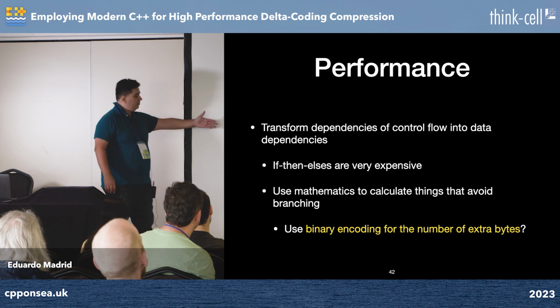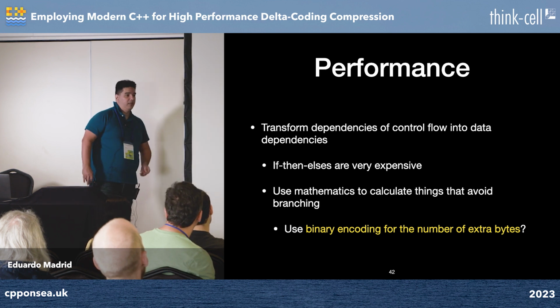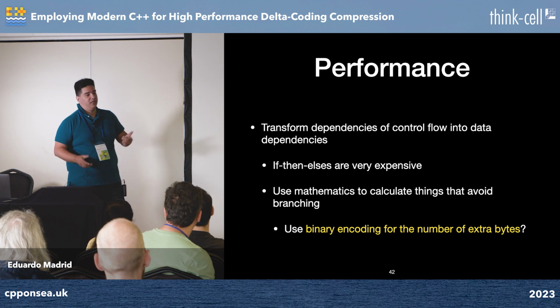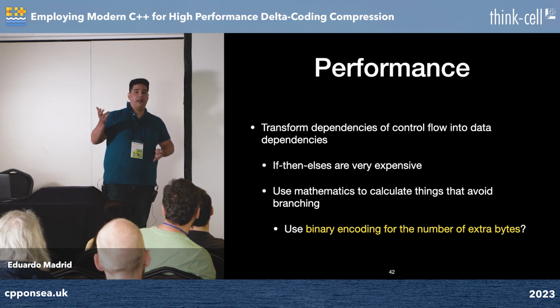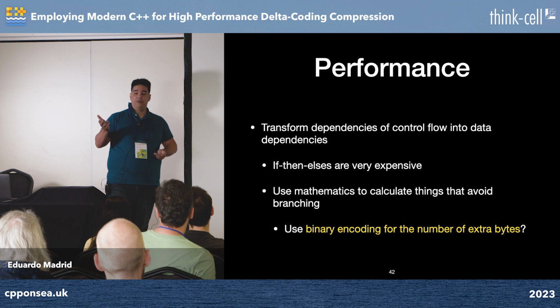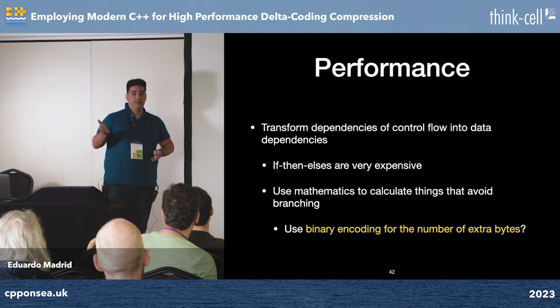For that, you use as much mathematics as possible. One example of this is the string length function in the C library. I invite you to see the implementations out there.